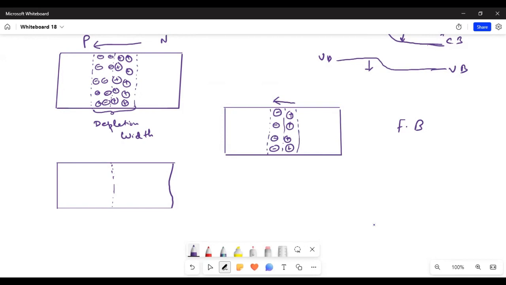This is when this side was connected with the positive terminal. Now what happens if we connect the negative terminal?